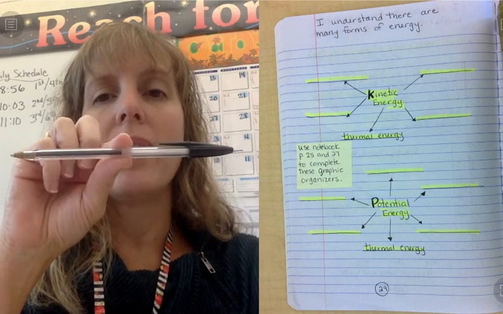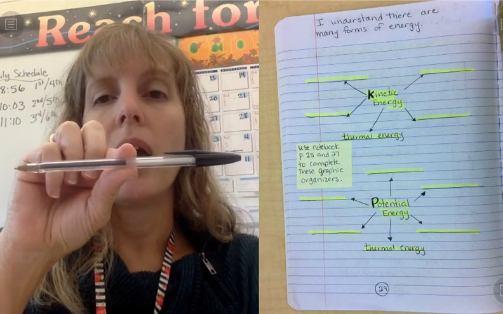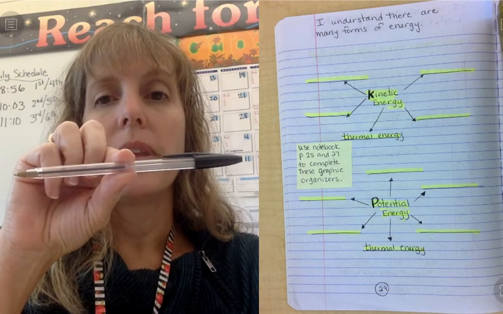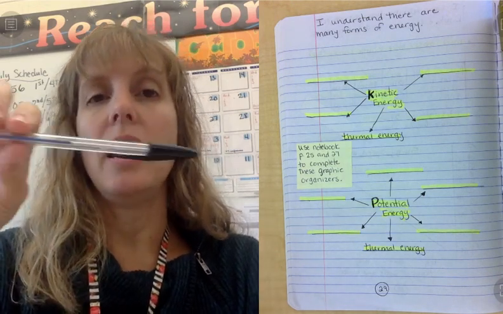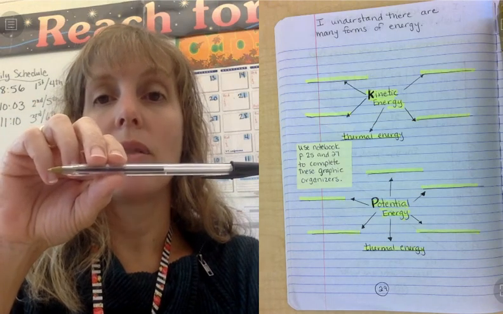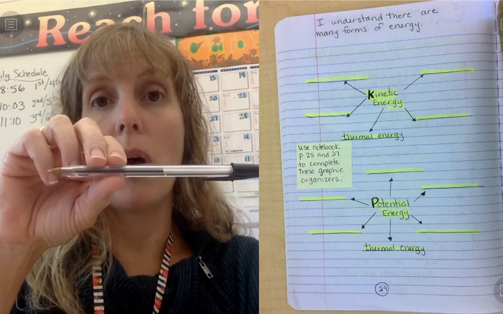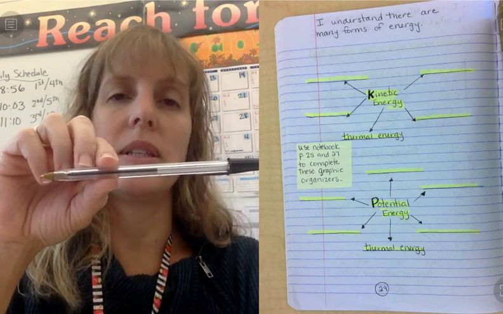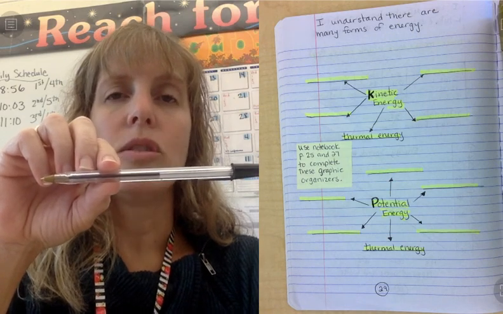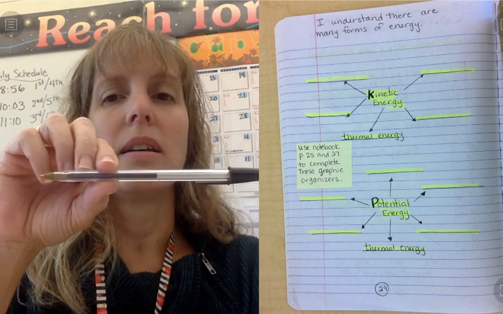So when this pen actually falls, it has kinetic energy. Even not falling, it has kinetic energy because of the molecules in it. But it has potential energy right now because of its position. So it has thermal and potential energy.